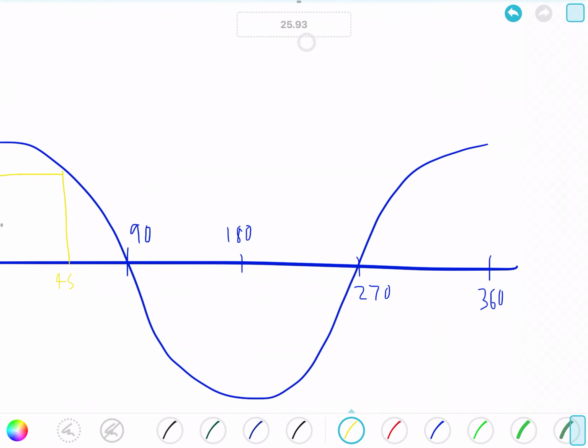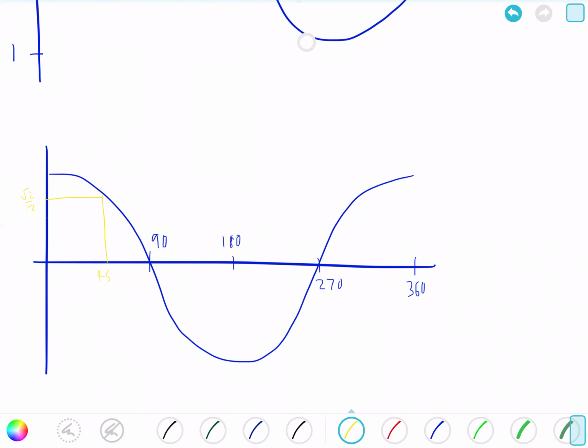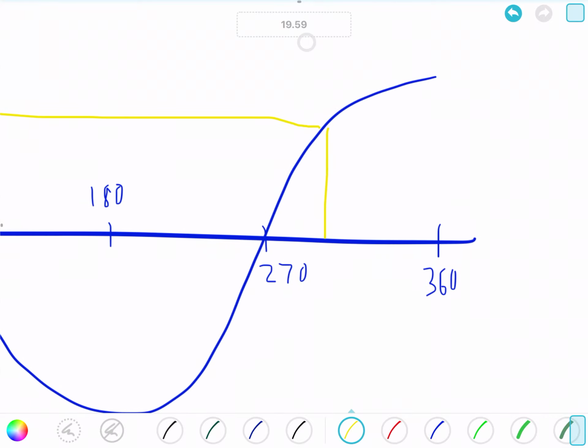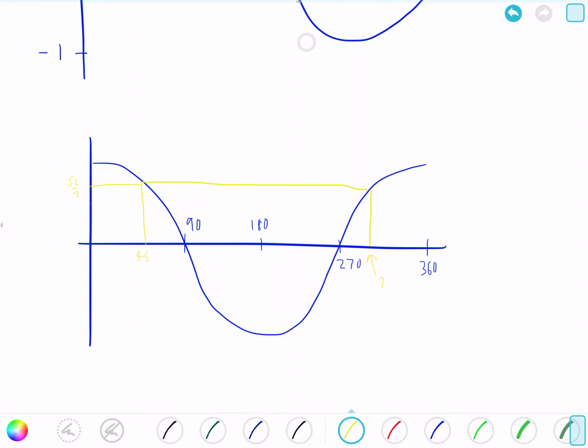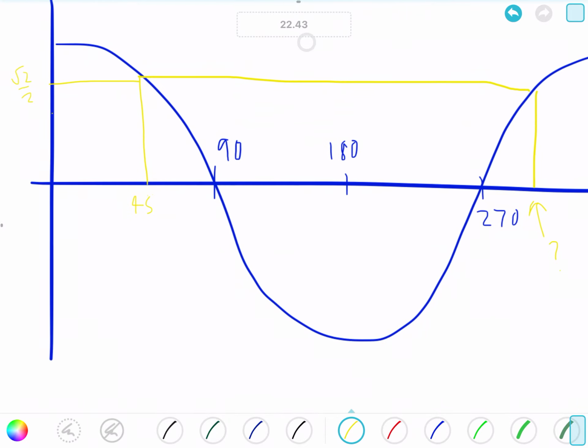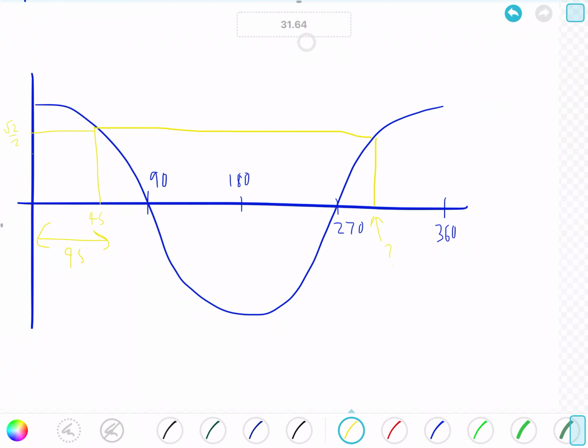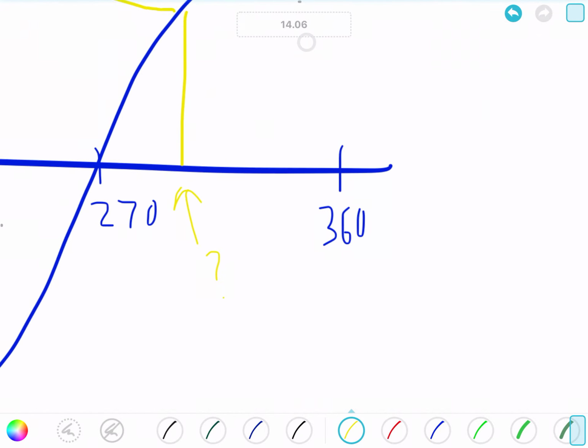And then you can say, well, what else would give us that same value? You can draw a line all the way across. Whatever that is would also give us root 2 over 2. And by using the symmetry, that's 45 there, so that must also be 45 there.